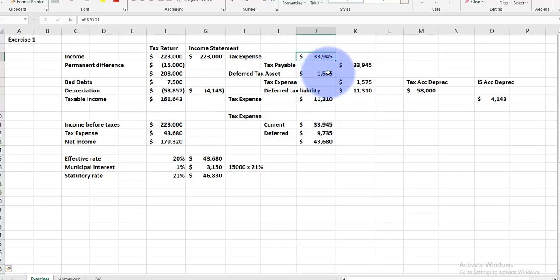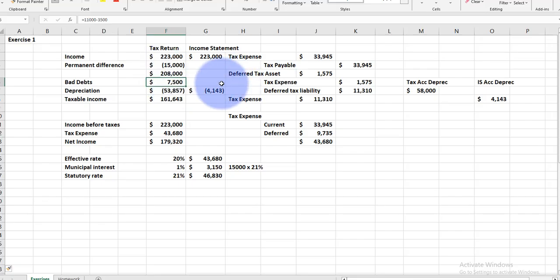Now, in addition, for each of these temporary differences, we're going to have either a deferred tax asset or a deferred tax liability. For the bad debts, because we can't deduct until later, we have a later deduction. We can deduct later when they really don't pay us. That's a deferred tax asset because we're going to have that deduction in the future. So the deferred tax asset is the difference, or the allowance.